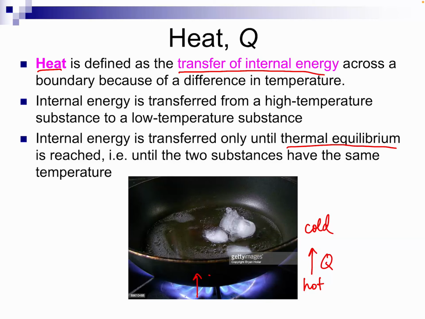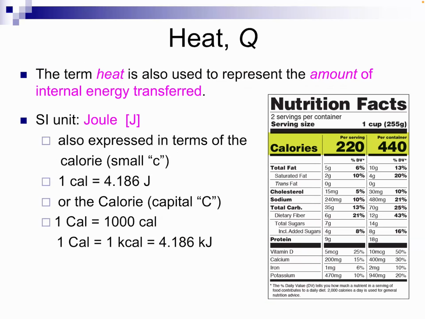Right, so heat is the process of transferring internal energy from one object to another. But we also use the term heat to refer to the amount of energy that is transferred by itself. Okay. So heat is both a verb and a noun, if you like to think about it this way.